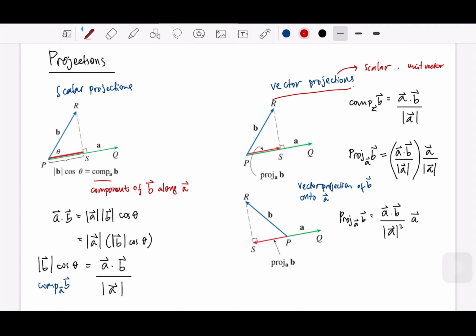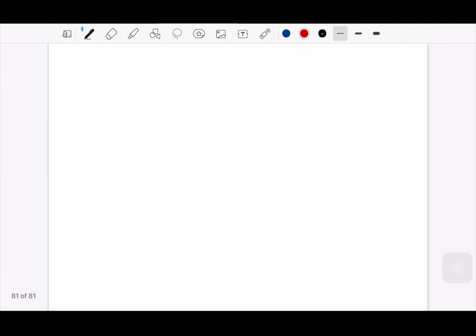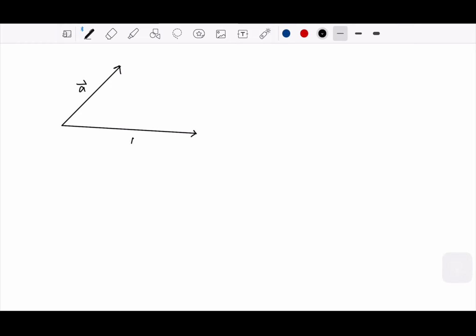For example, we deal with vectors, like vector A, like that, and maybe vector B, probably around here. Now, if we define these two vectors as non-zero vectors, A and B non-zero, okay.